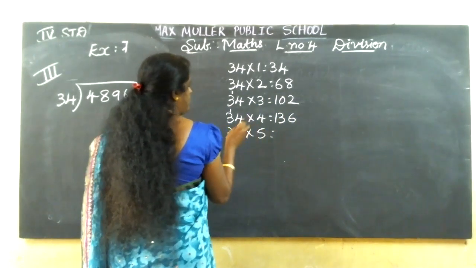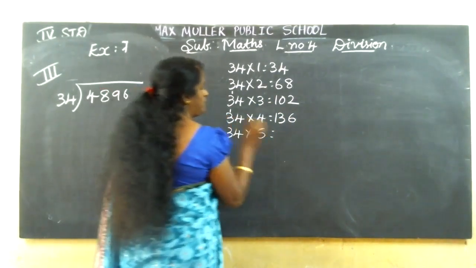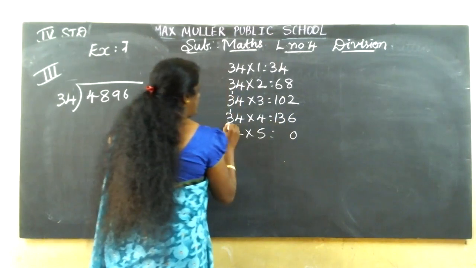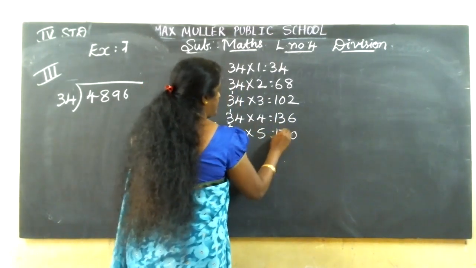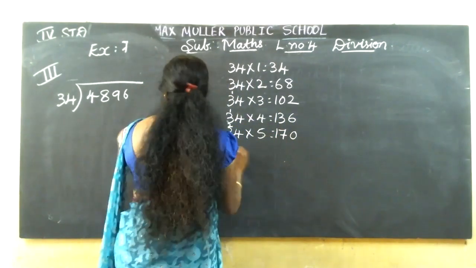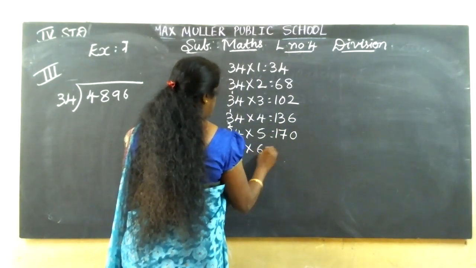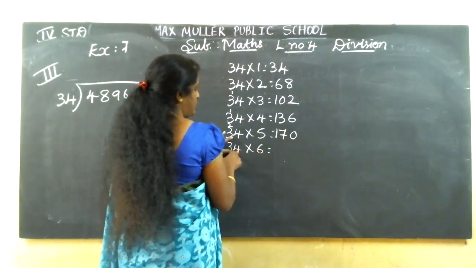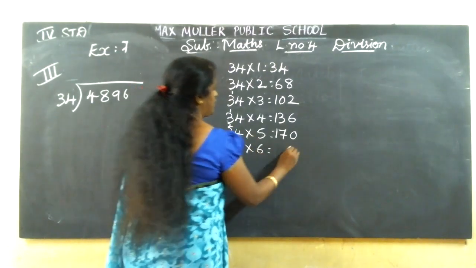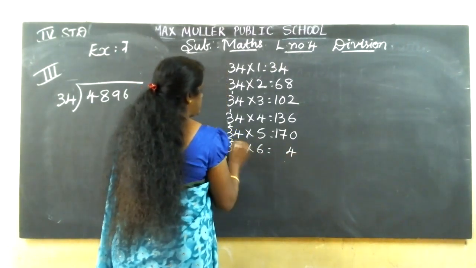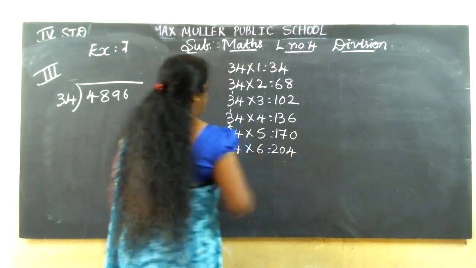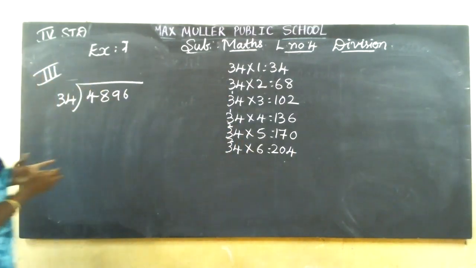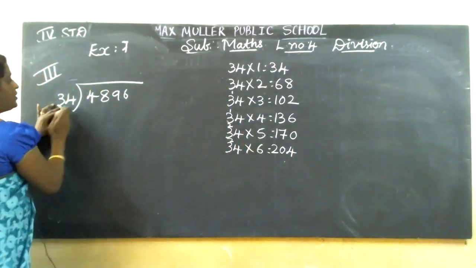5 ones are 5, 5 twos are 10, 5 threes are 15, 5 fours are 20, here 2 carry, 5 threes are 15, 16, 17. 6 ones are 6, 6 twos are 12, 6 threes are 18, 6 fours are 24, 6 threes are 18, 19, 20. So I have stopped here. Here 34, here 48.